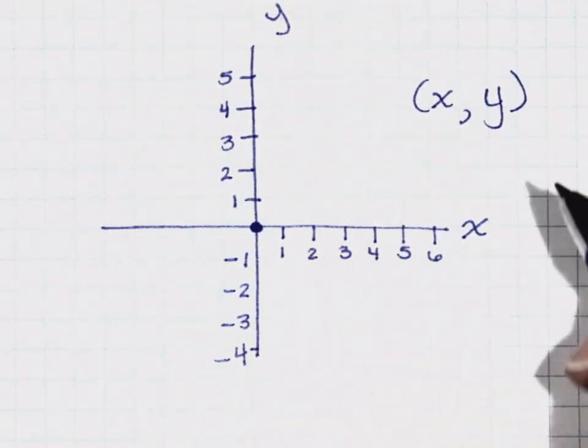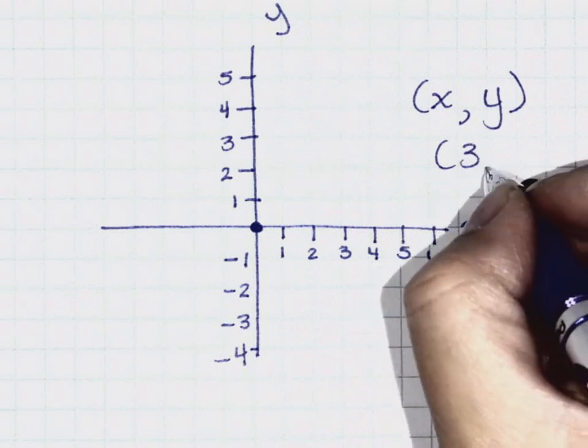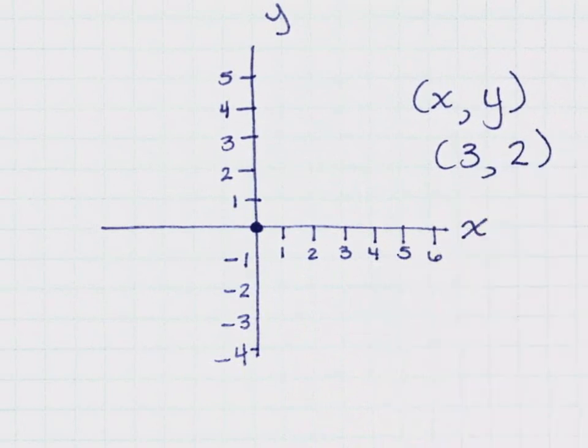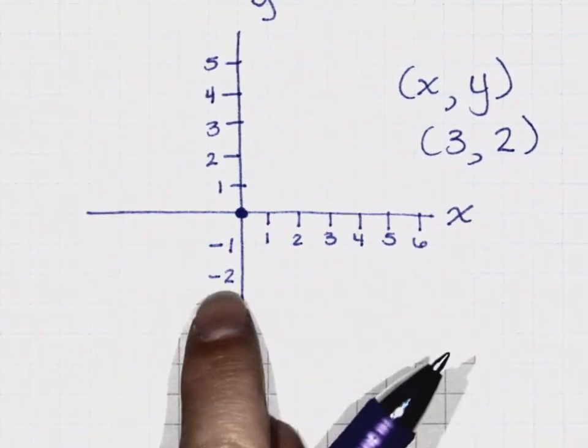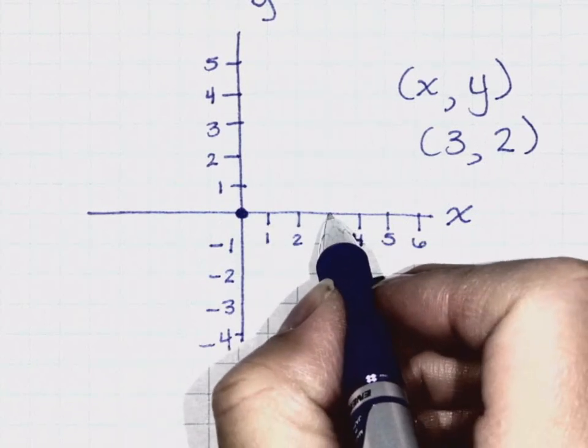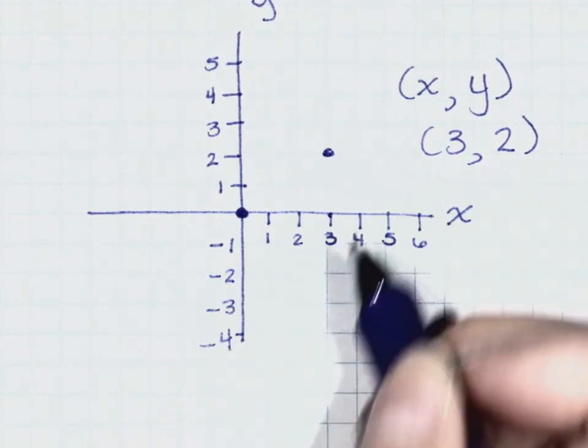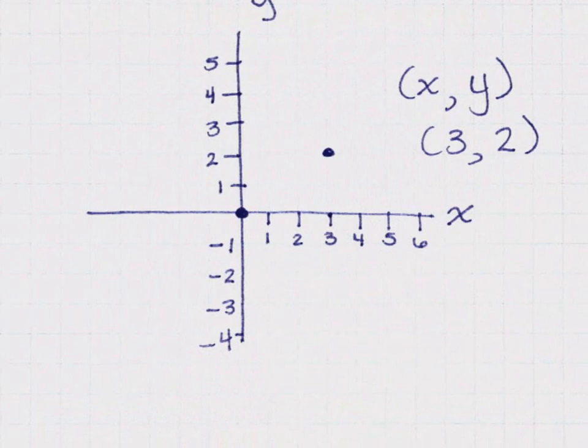So if I have the point 3, 2, we go over 3 and we go up 2, and that would be my point. Just a refresher about graphing, super important.